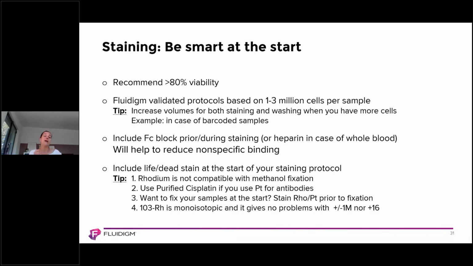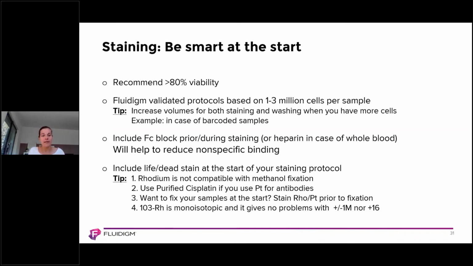And another thing, always use a live/dead staining. As you know, the dead cells will get a lot of antibodies, so it's always good to have a live/dead staining. We have two of these live/dead stainings, the rhodium and the cisplatin. Both are really different.